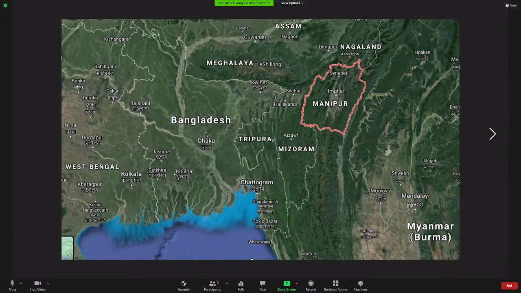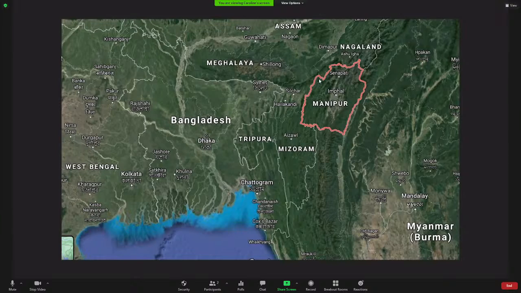Manipur is one of the six Northeast Indian states. There's Mizoram and Tripura, I'm not quite sure how to pronounce all that, and Nagaland and Assam, and bordering on Myanmar.